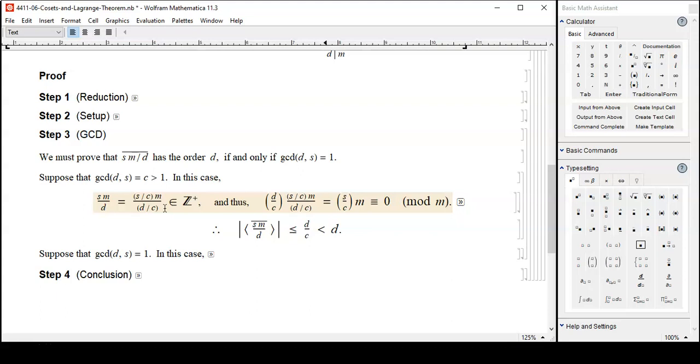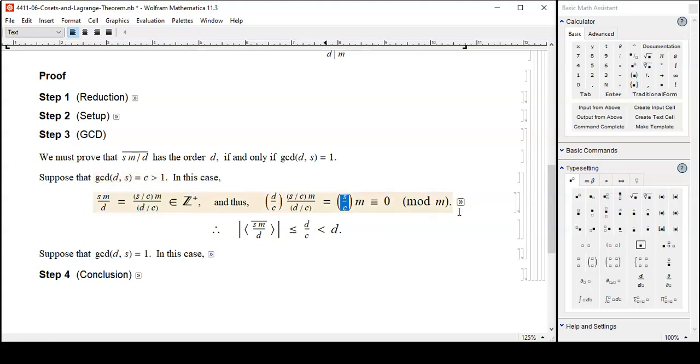And then let's do this. Multiply by denominator d over c, which is an integer. Yes, c is a common divisor of d and s, so that's an integer. Multiply by integer to that, and then denominator cancel out. We have s over c times m, and s over c is an integer as well because c is GCD of d and s, so c is a common divisor of s. c divides s, so that's an integer.